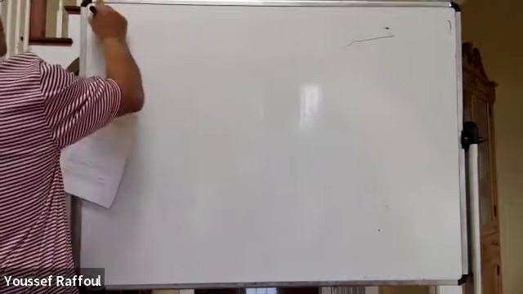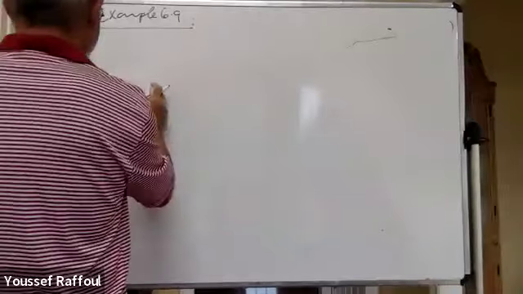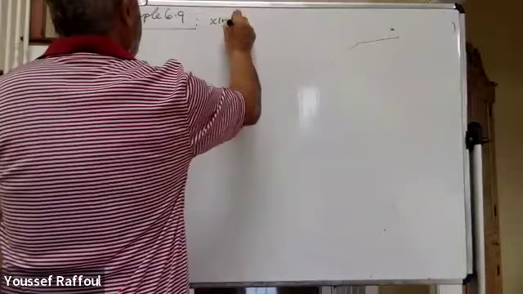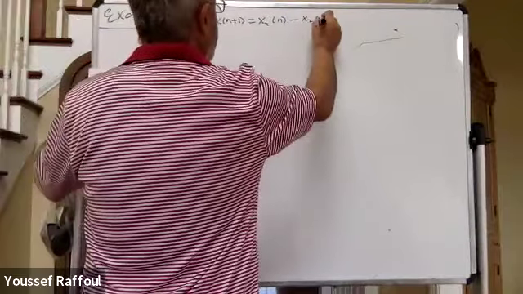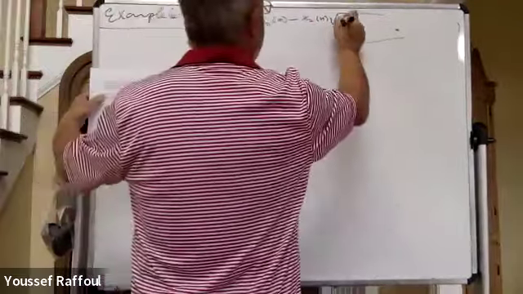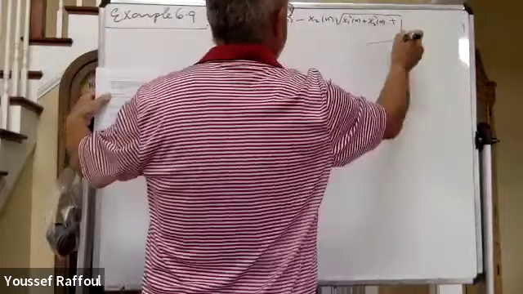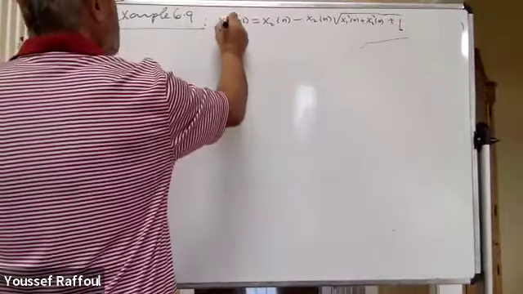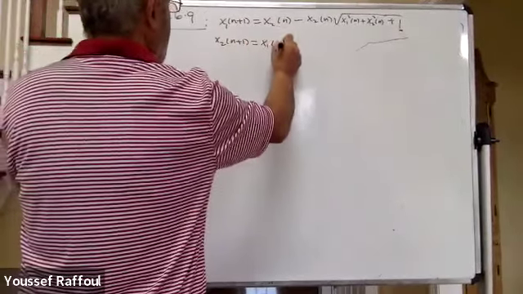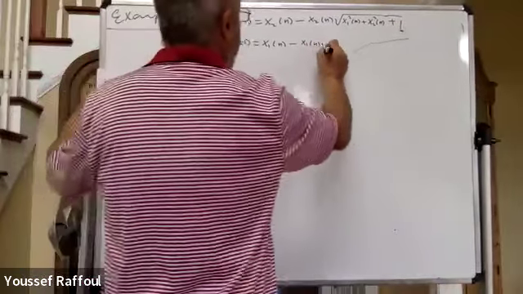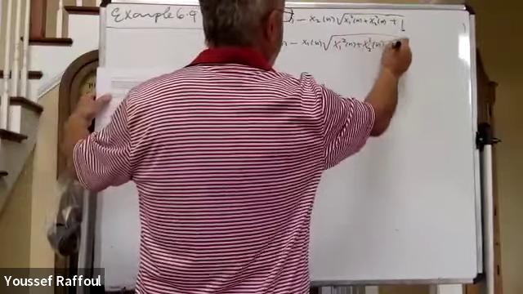Again, that is example 6.9. So we're going to have x1 of n plus 1 equal x2 of n minus x2 of n times the square root of x1 squared of n plus x2 squared of n plus 1, and x2 of n plus 1 equal x1 of n minus x1 of n times the square root of x1 of n squared plus 1.